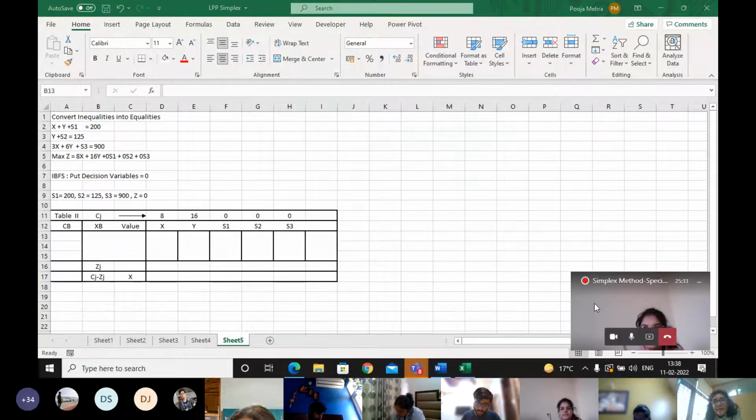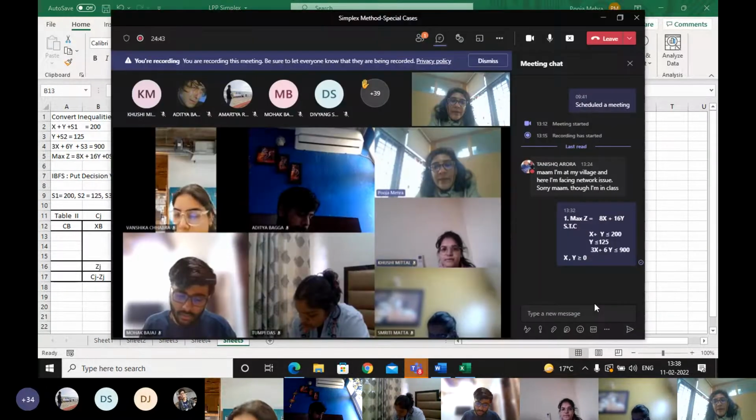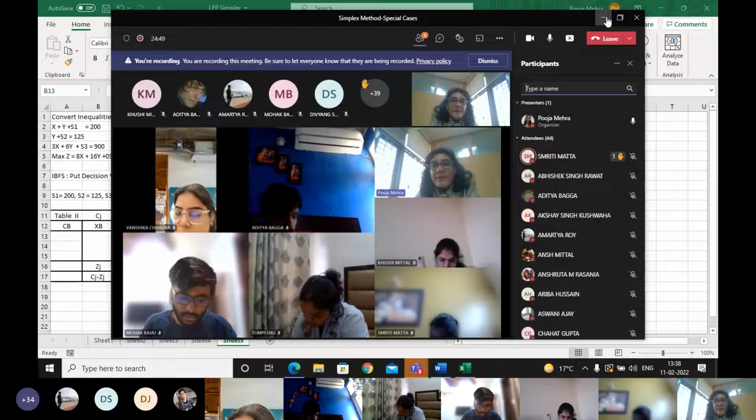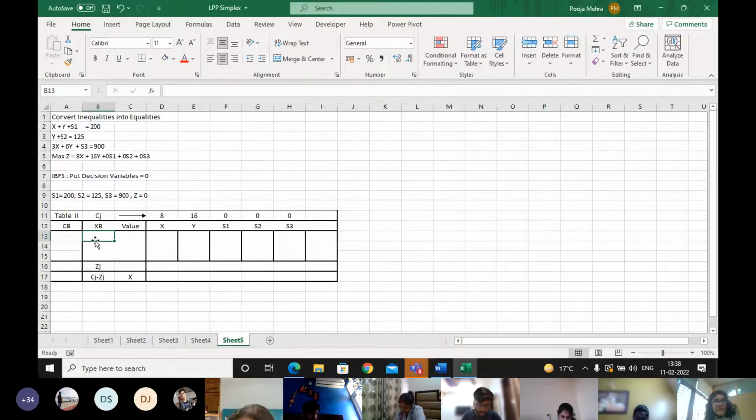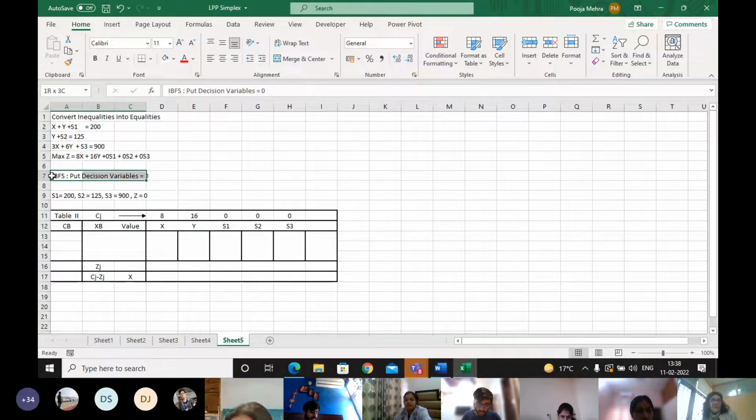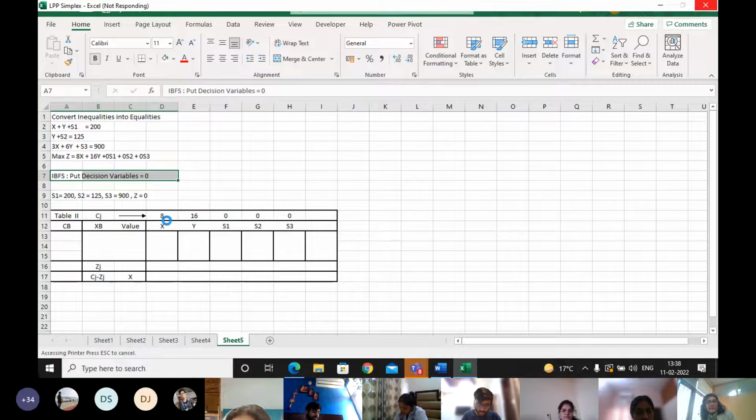Okay. Tumpi, tell me the name of the basic variables which we got from the initial basic feasible solution. S1, S2, S3. So what are their values and what do we write in the CB?